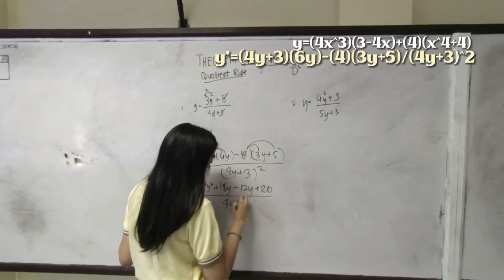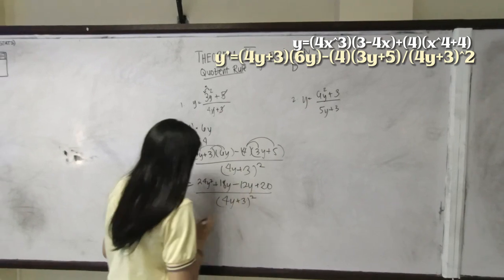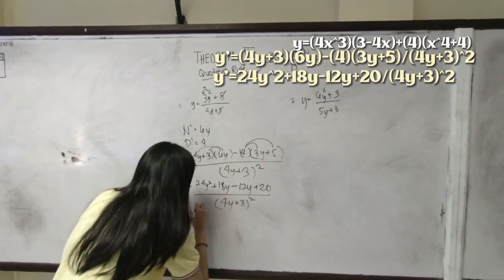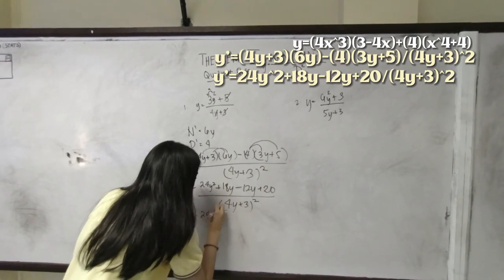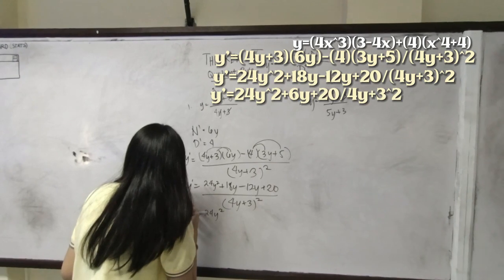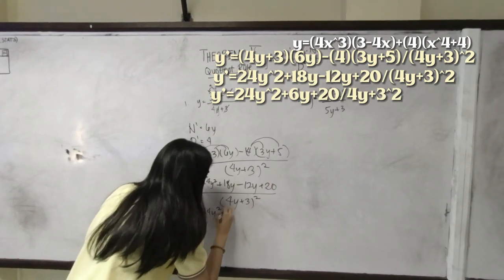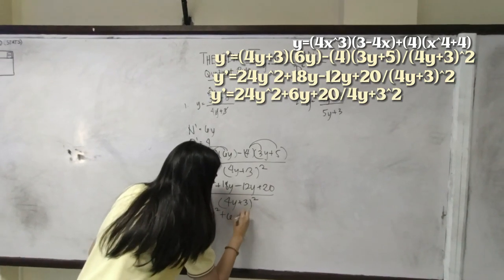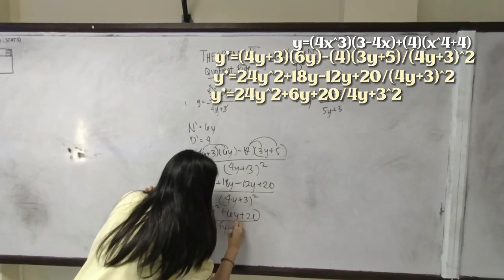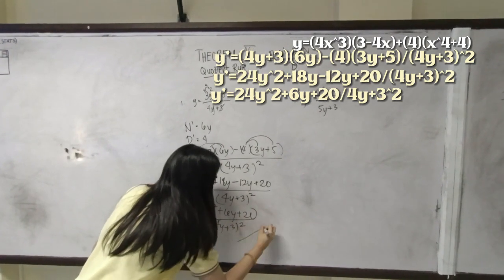Denominator squared. Then combine like terms. And 24y squared. 18 minus 12, we have 6y plus 20 over 4y plus 3 squared. And that's our final answer.